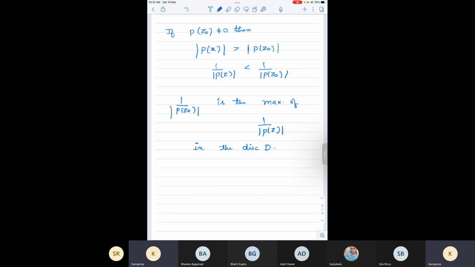If minima is attained for P at z naught, then maxima will be attained at z naught for 1 by P. Is it fine? Also, yes, for polynomials we know that mod of P(z) will go to infinity as mod z tends to infinity.